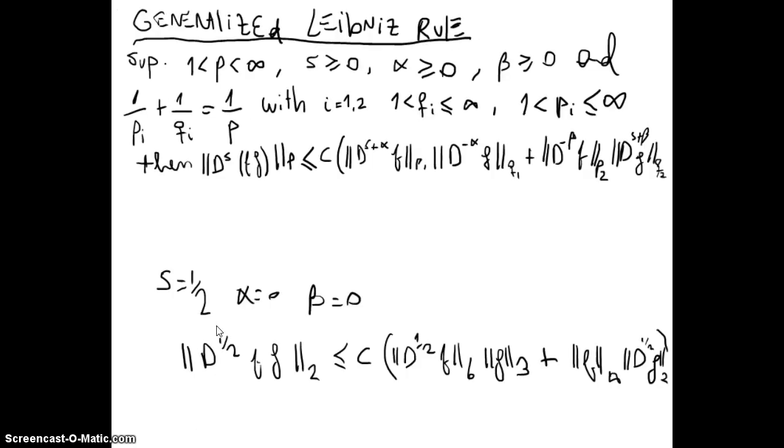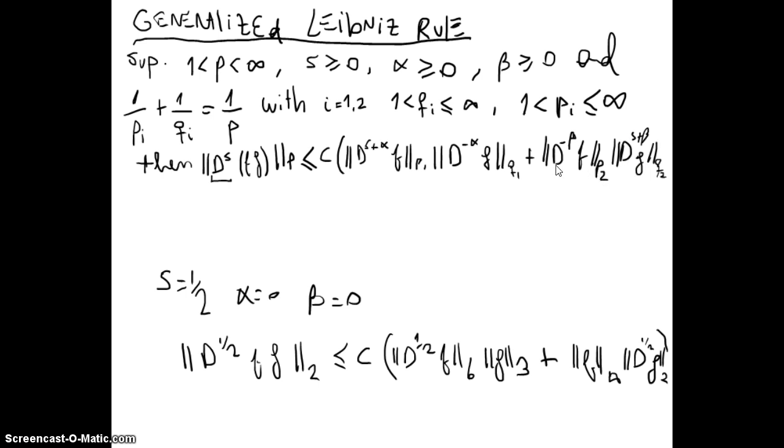Okay, so now we're going to use the generalized Leibniz rule to bound it the same way we did with Hölder, but now taking into account the operator D^s of fg. It can be bounded, considering s, alpha and beta, p_i, q_i, as D^(s plus alpha) f in p1 multiplied by D^(minus alpha) g in q1, D^(minus beta) f in p2, D^(s plus beta) g in q2.